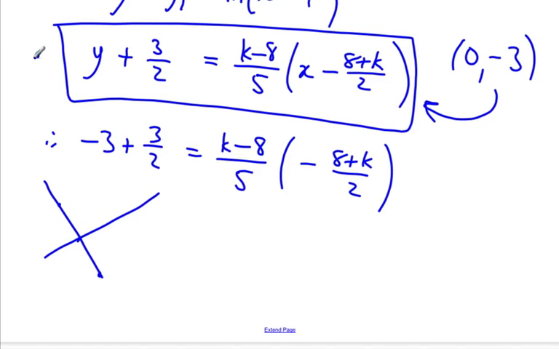But it's still just an equation of a straight line. But we do know that this point 0, -3 is on the line. So since that's on the line, let's chuck it into the equation. In other words, we'll fire it in as an x and a y combination. And that'll leave us with the k's, which we'll then be able to work out what k has to be for it to work, which is the only way to go.